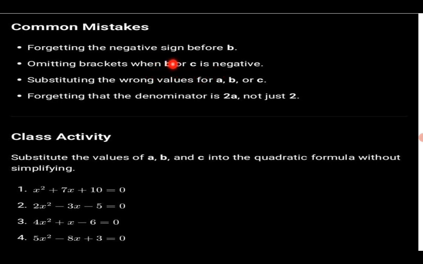Always enclose the values of B and or C in brackets when they have negative signs. Substituting the wrong values for A, B, and C, that's another one. Another mistake is forgetting that the denominator is 2A, not just 2. So 2A, that means you have to multiply 2 by the given value of A.